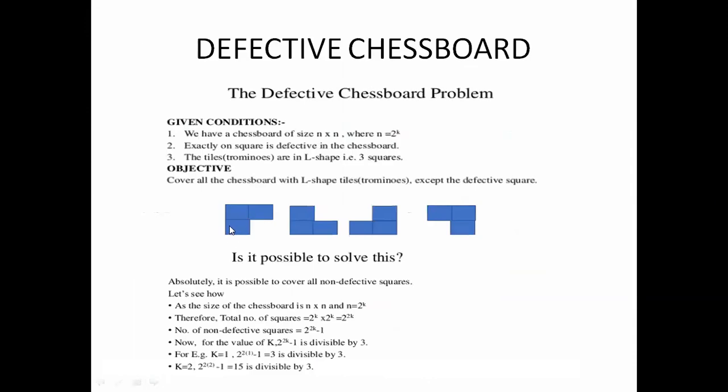So next, another method for divide and conquer is the defective chessboard. So we have a defective chessboard problem. First of all, what is the defective chessboard problem?